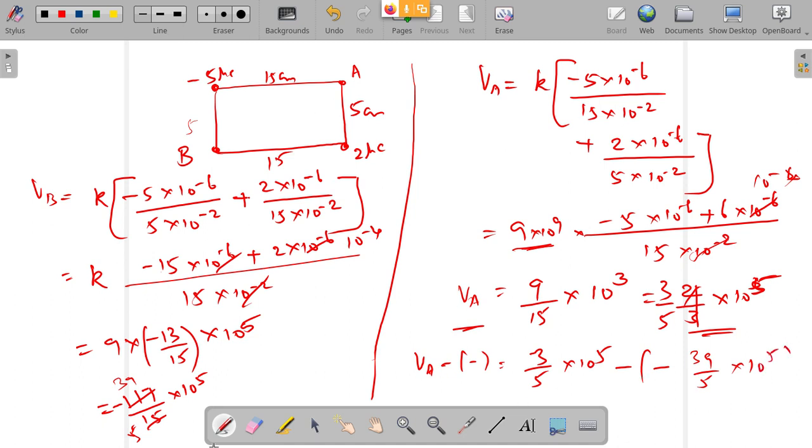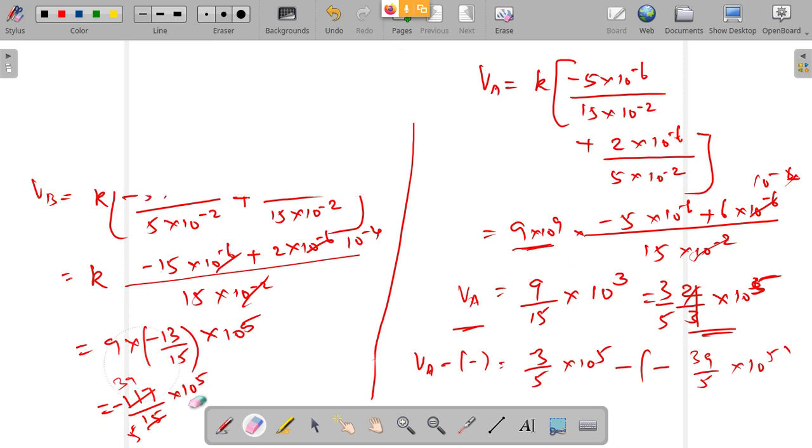If you do this, you will get 5 and 3 minus 39, 36 by 5. So that is correct. Minus 36 by 5 into 10 power 5. This is only the potential. This is in volts.